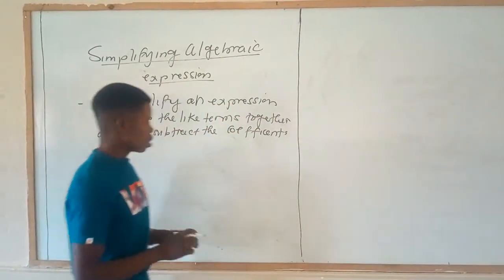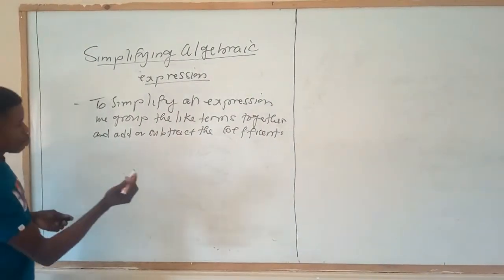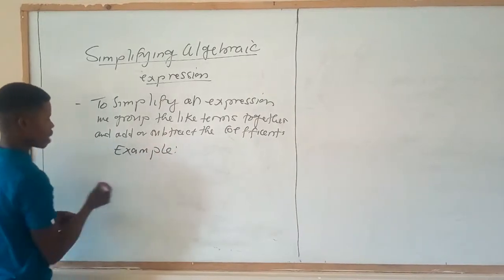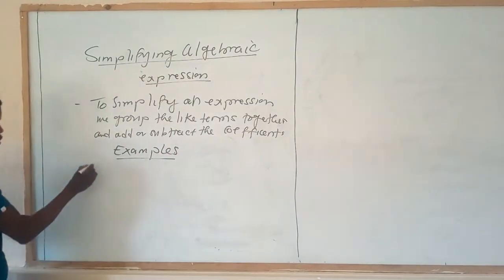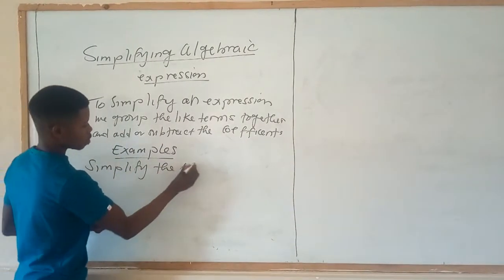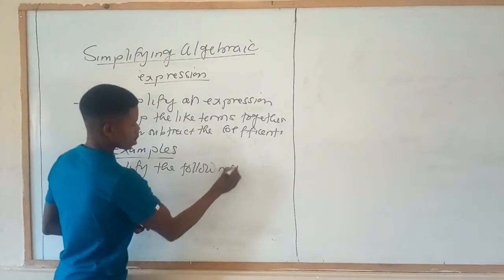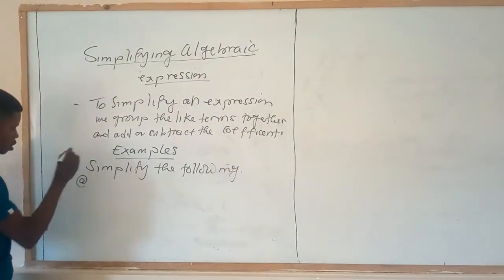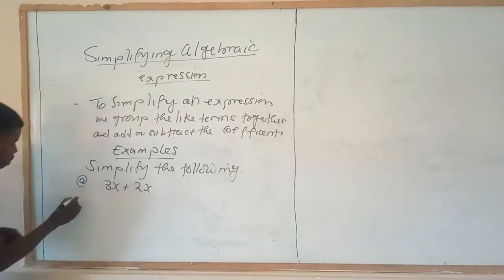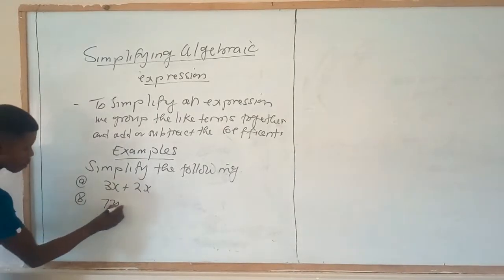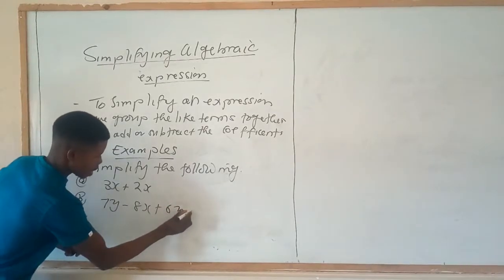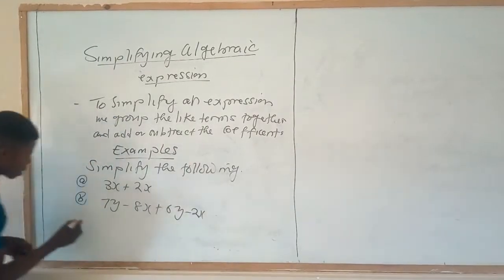So let us go into examples, so that we get a proper illustration of what I'm saying. The example says: simplify the following. A, 3x plus 2x. B, 7y minus 8x plus 6y minus 2x.